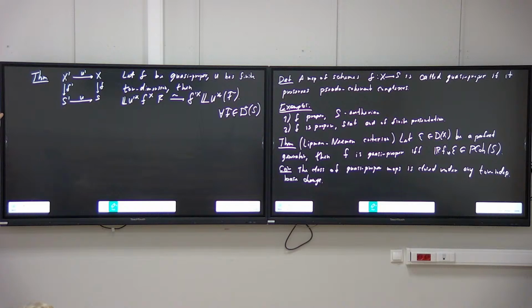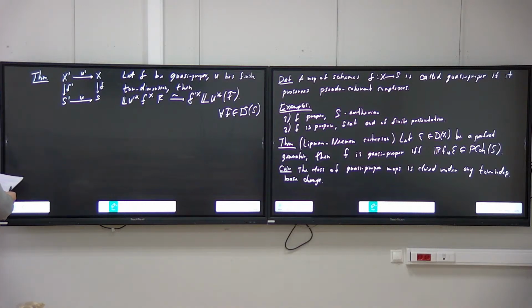The problem with f upper shriek, if I want to properly work out the theory, is first of all, I need to show that there is a Nagata compactification, and then the hard theorem is to show that the definition doesn't depend on the Nagata compactification. Potentially I can choose different Nagata compactifications and get different answers, and that's a kind of annoying theorem, which has a long annoying proof.